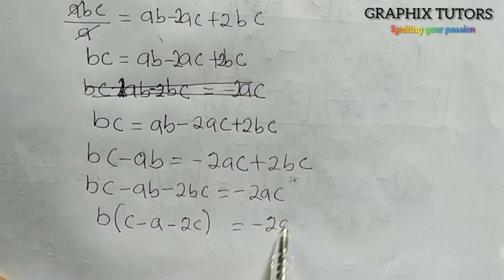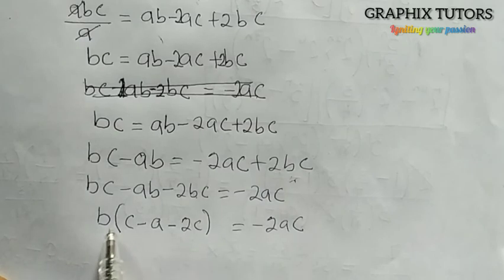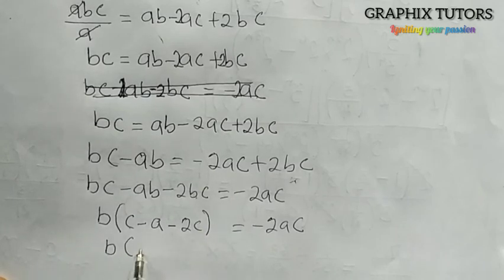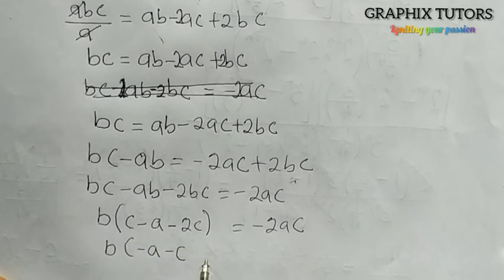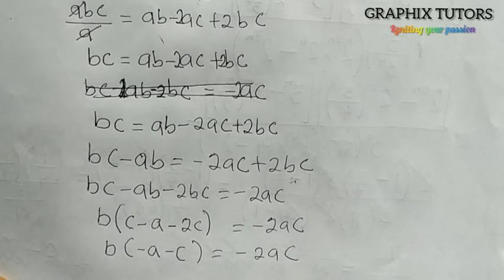Minus 2AC. So from here, C minus 2C will give you minus C. So my B now into brackets, minus A minus C, right, equals to what? Minus 2AC. So if I make this the subject, I'll divide both sides by minus A minus C.